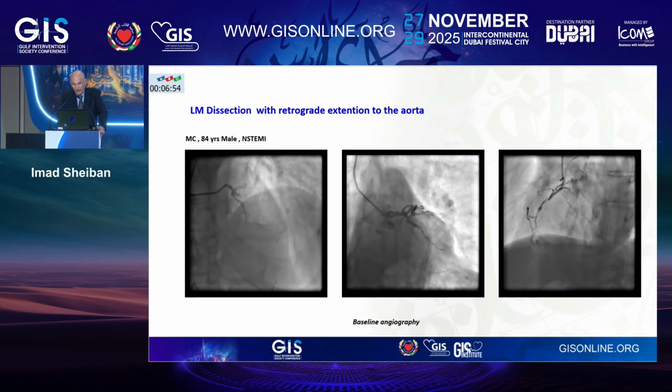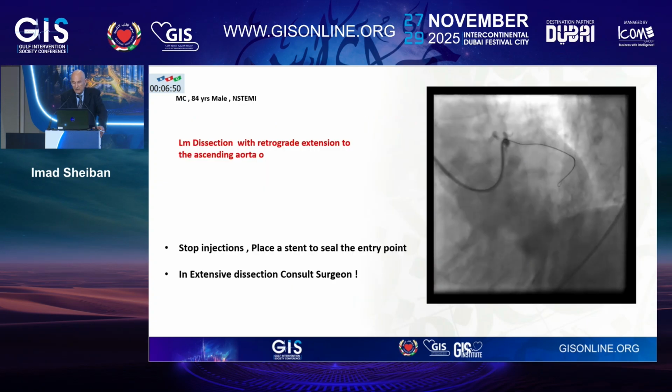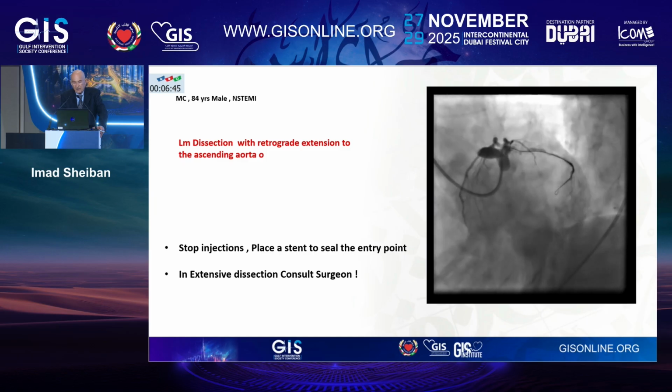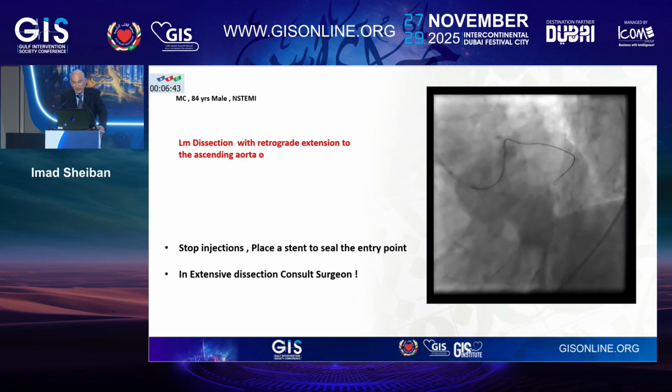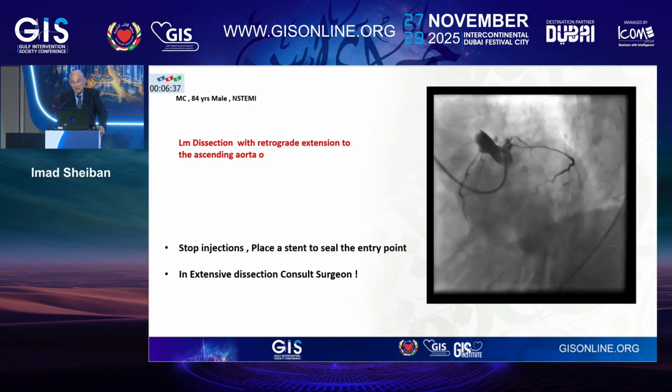Dissection with retrograde extension to the aorta. This is a very challenging situation. And as you can see in this case, after pre-dilatation, I think the intubation of the guiding catheter was too deep in left main, and this caused the dissection.